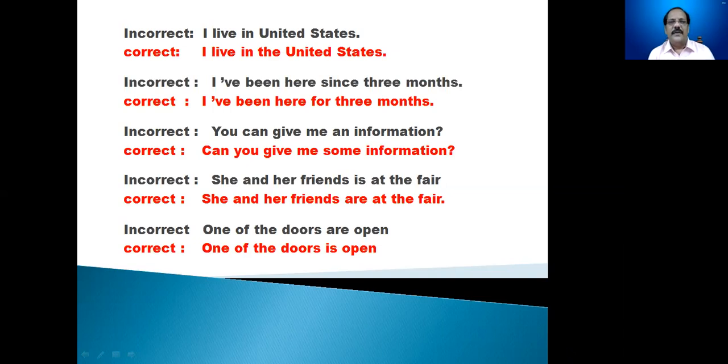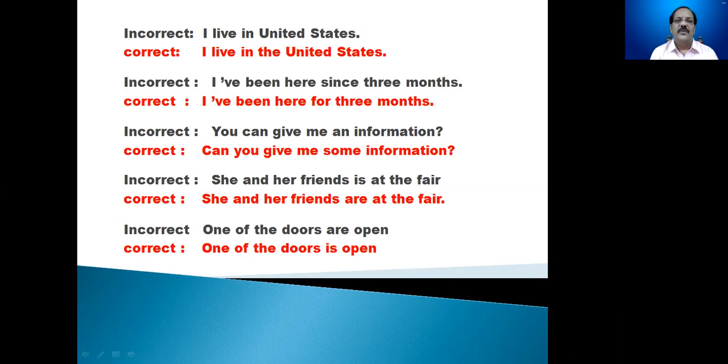Okay, is it clear for you? Then you can give me an information. We use a for countable nouns, right? So when you are saying information, it cannot be used. Now, how can you say, can you give me some information? Again, there is one more correction in the first sentence.